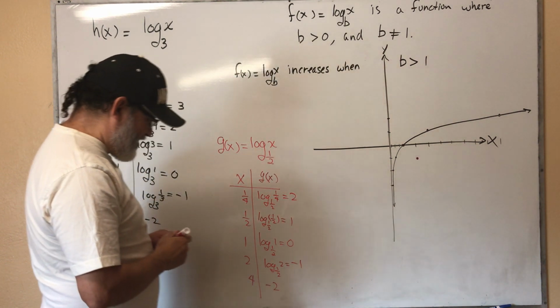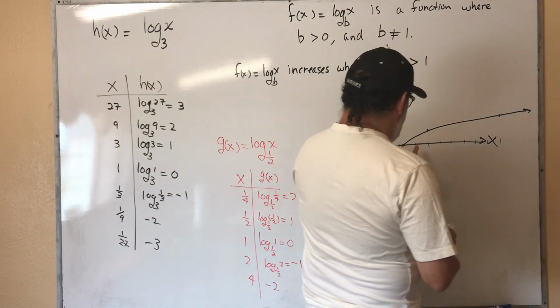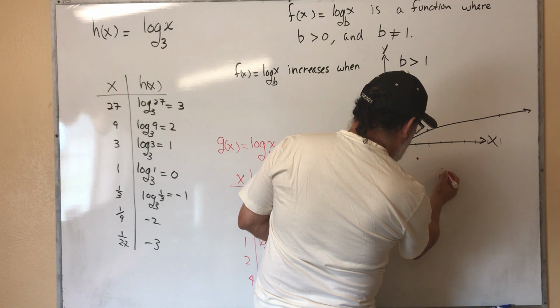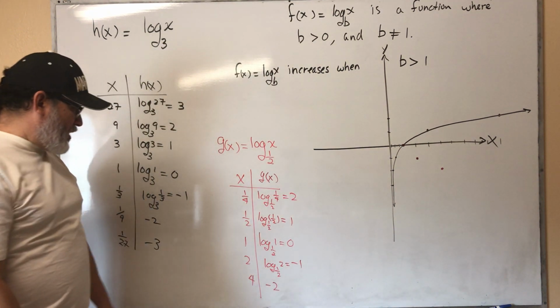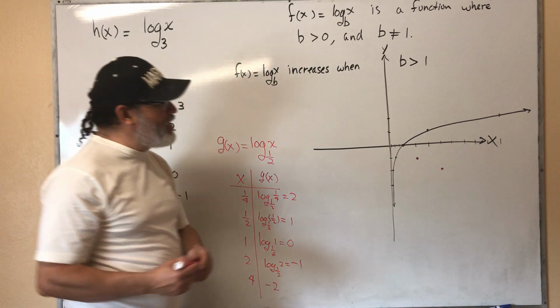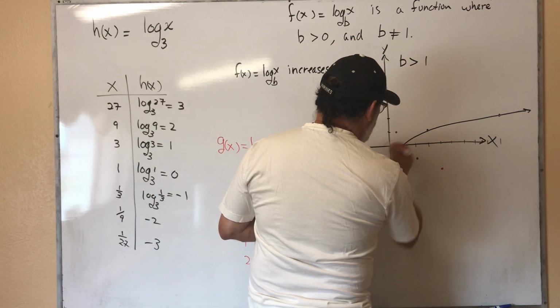Okay. When x is 4, y is -2. 2, 3, 4, -2, right there. Okay. When x is half, y is 1. X is half right in the middle. Y is 1 right there.